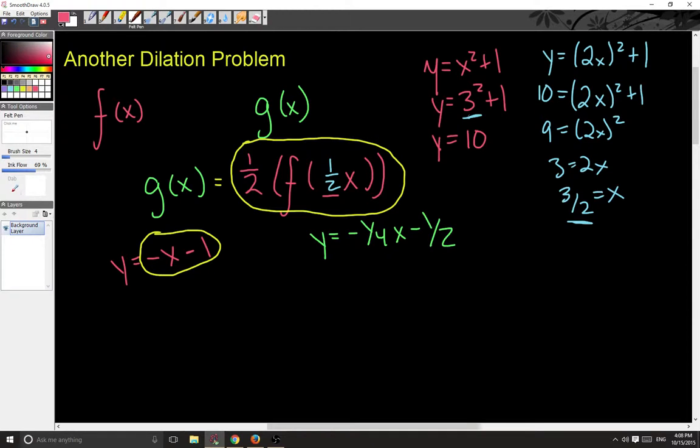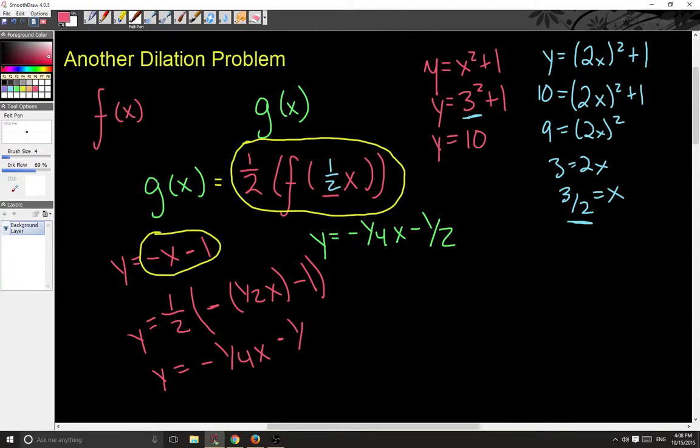Let's do 1/2 times all of this, but instead of x, we're going to have 1/2 x, minus 1, equals y. Now let's see what this equals. So 1/2 times negative 1/2 is negative 1/4 x, and then 1/2 times negative 1 is negative 1/2.